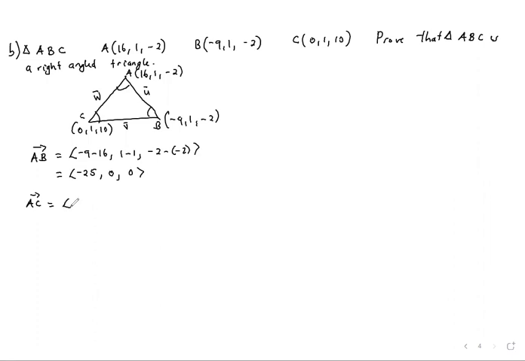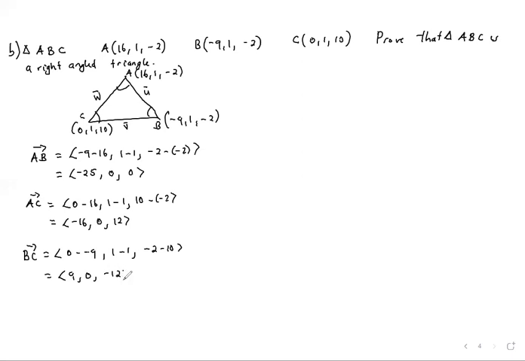AC is 0 minus 16, 1 minus 1, 10 minus -2. That is -16, 0, 12. Then we get BC. That is 0 minus -9, 1 minus 1, -2 minus 10, giving us 9, 0, -12.